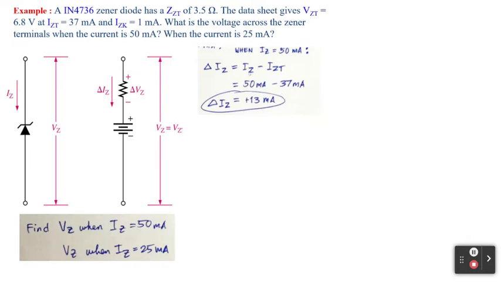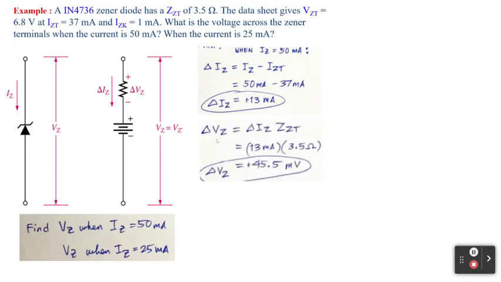So again, the IZ here was taken from here, 50 milliamperes, and the IZT was taken from the given IZT 37 milliamperes in the question. Now, in the case of the delta VZ, or the change in the VZ, we will have to use Ohm's law. So the delta IZ that we calculated here, 13 milliamperes, will be multiplied to ZZT.